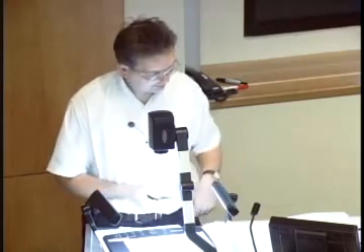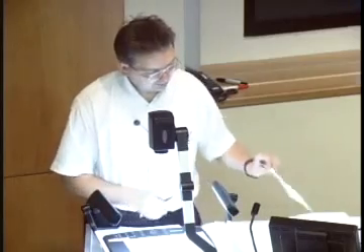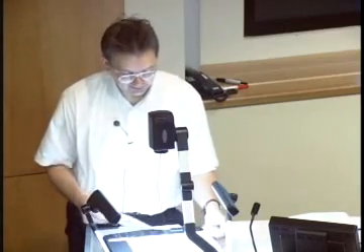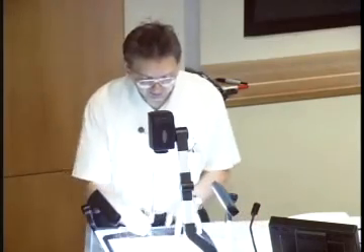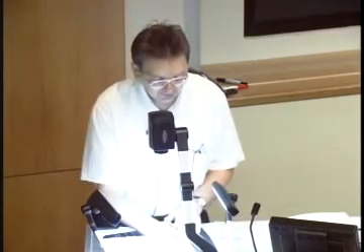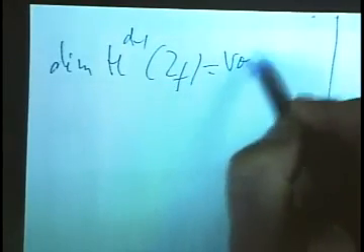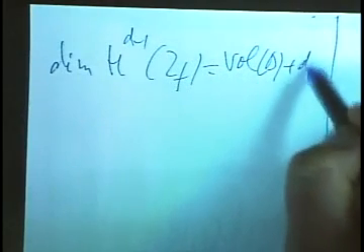I can compute the dimension of this cohomology in two ways. One way, as I mentioned, is that the dimension of this cohomology group in general is the volume of delta plus d minus 1.